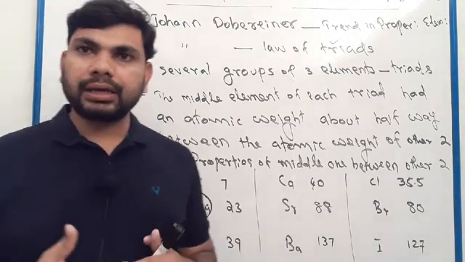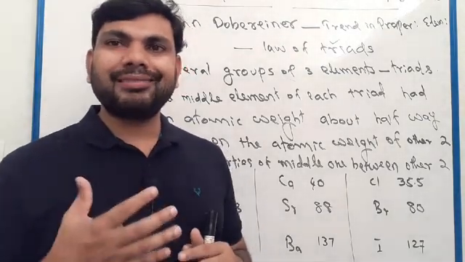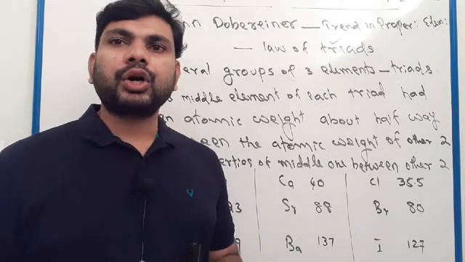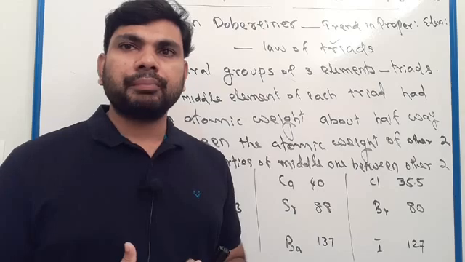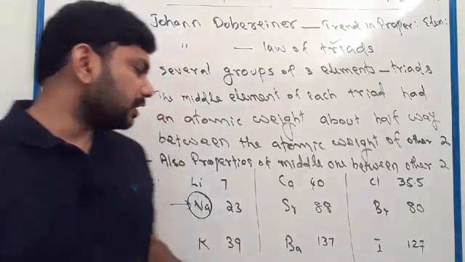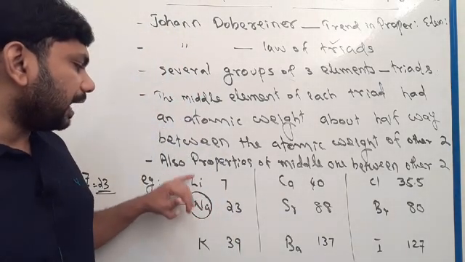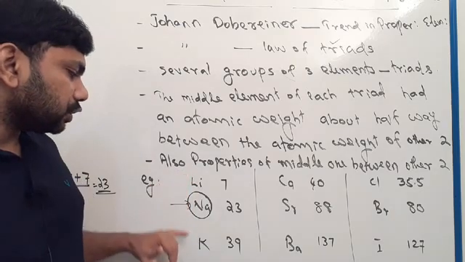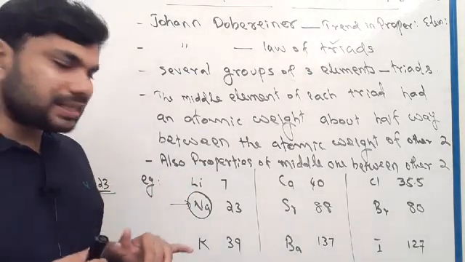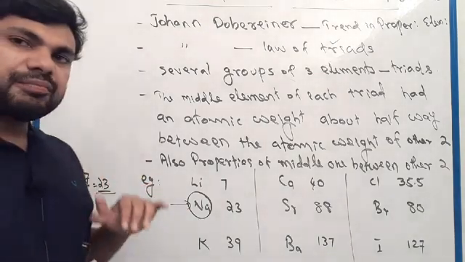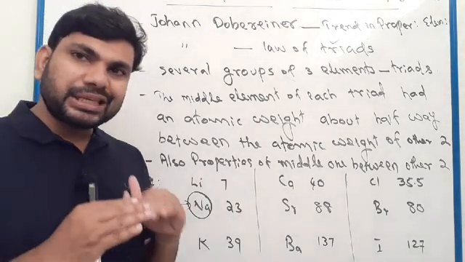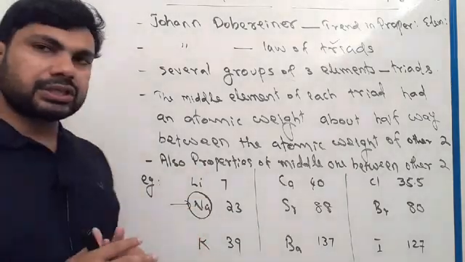Okay, this is a triad, and the law of triads was introduced by Dobereiner. Triads mean several groups of three elements. Clear? Here you understand that the atomic weight of the middle element is the average atomic weight of the other two elements, and the properties of the middle element are between the other two elements.